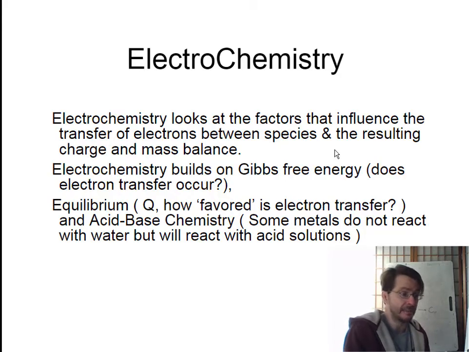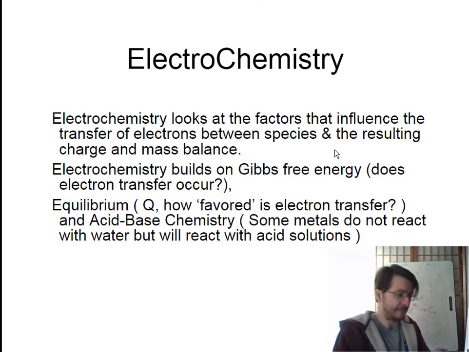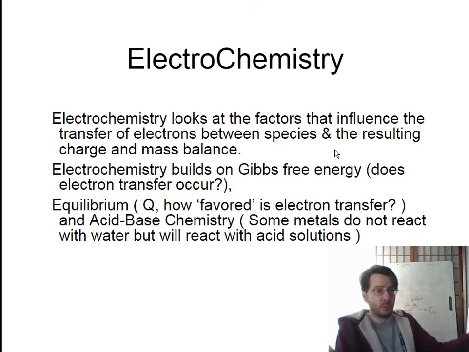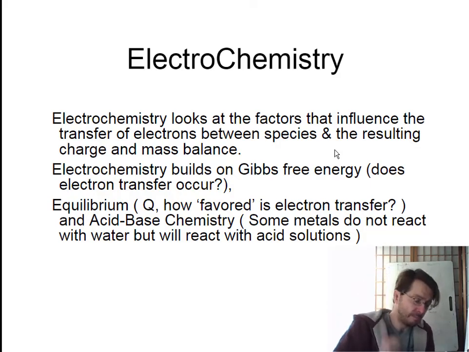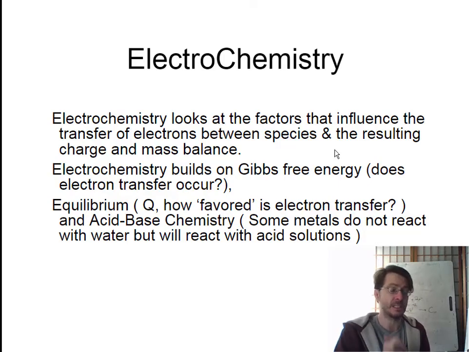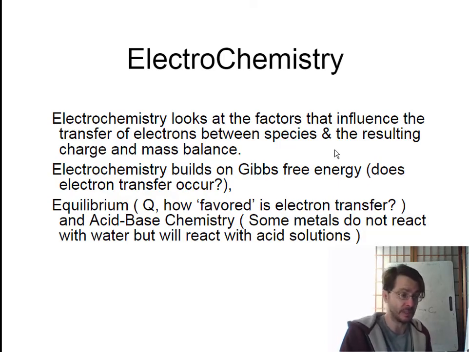Some things are really reactive in acid, some things are not. Again, these are ideas that we've all touched on throughout the course of the semester. All right? So, lots of shifting pieces, but you have tools at your disposal for each of these. Electrochemistry is a primary component in quantitative analysis and very important in biochemistry as well.